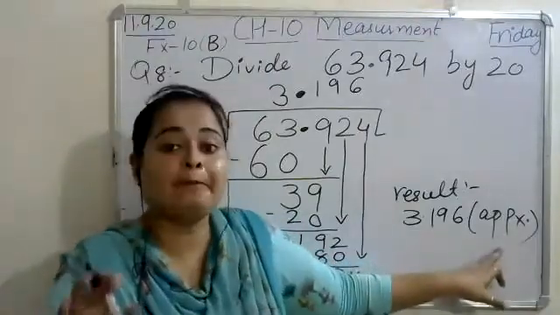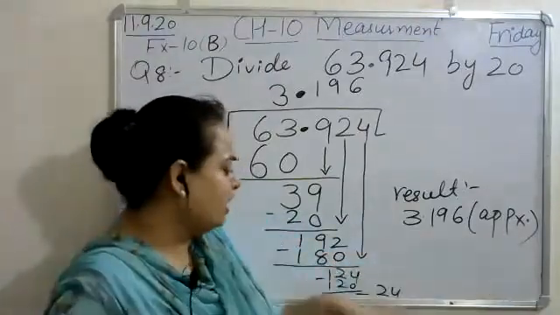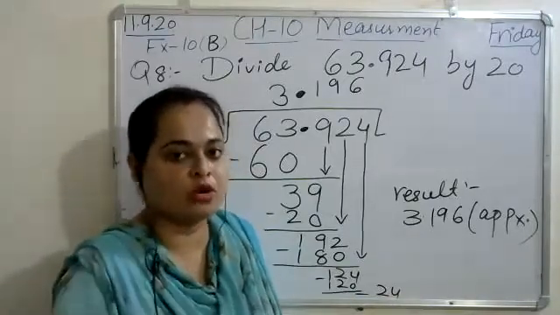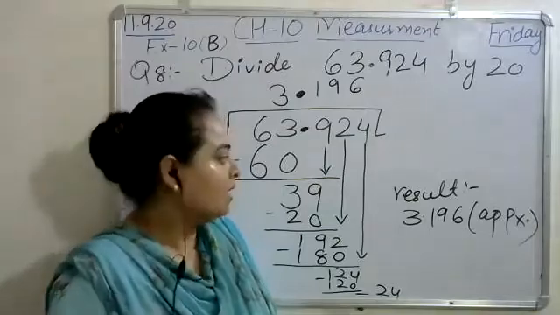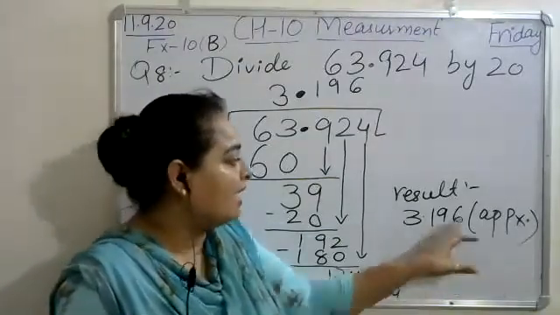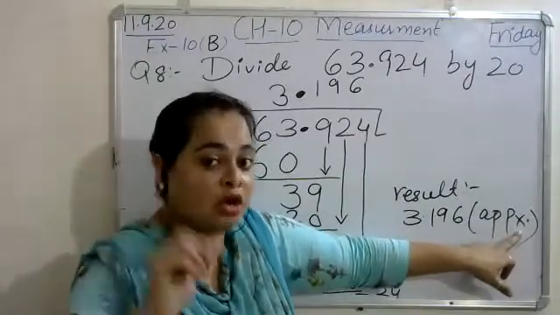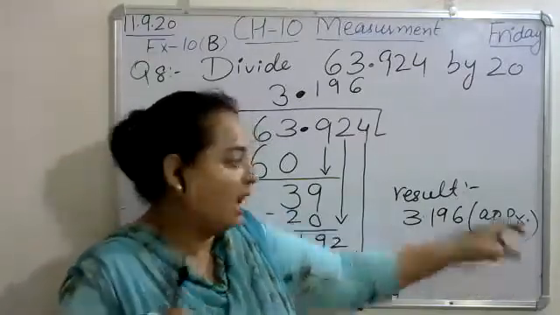Write APPX dot approximate. No need to divide further if remainder is not 0. Don't worry. Write result here and under the bracket write down APPX dot approximate.